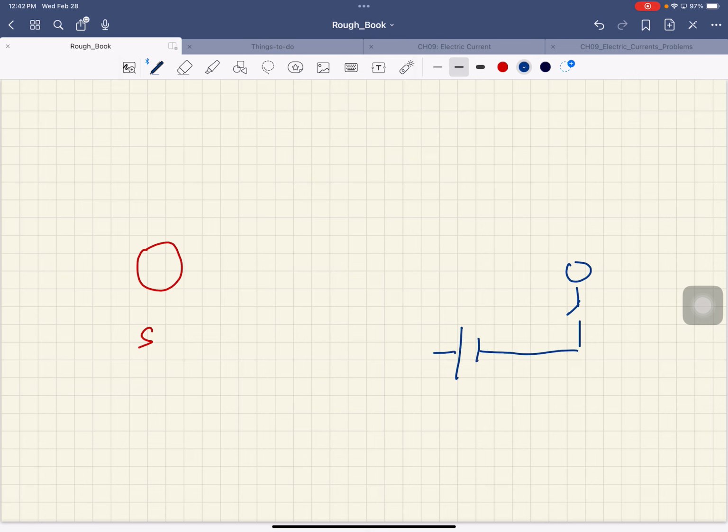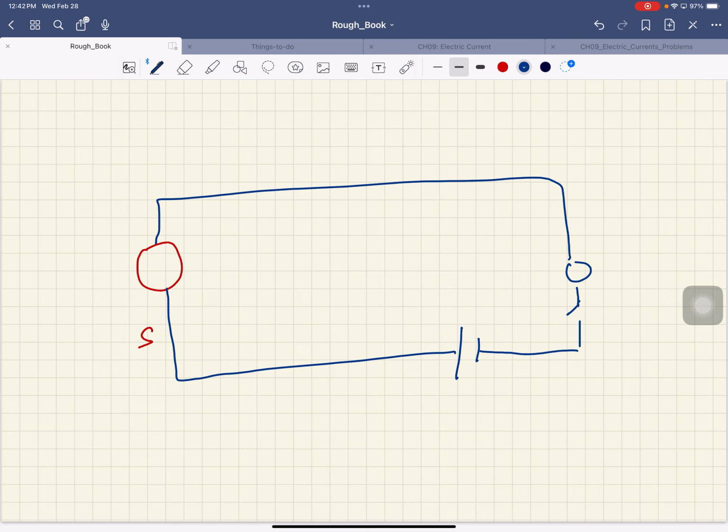Now let's assume that the sun gets turned on by you closing a switch. So you're powering it with a battery. Now you close the switch. How long does it take for the sun to go on?